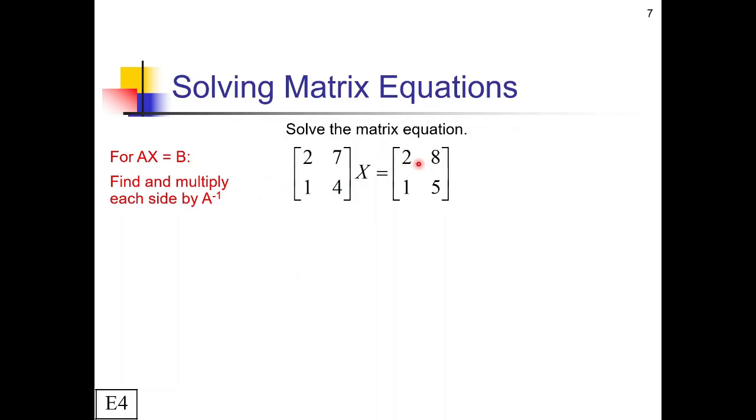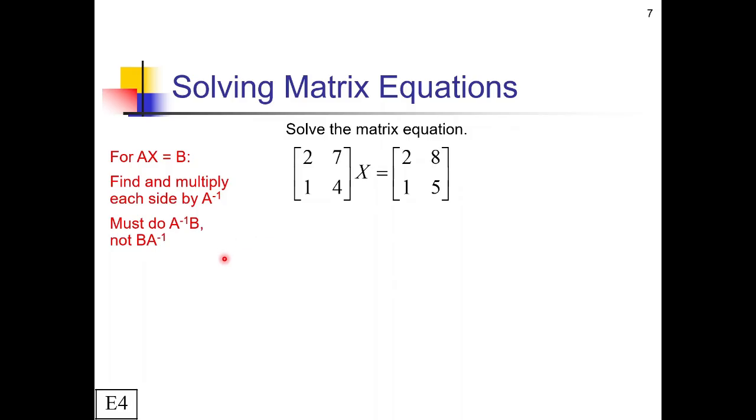It will make a difference on the right side, however, because on the right side you're not multiplying a matrix times its own inverse. So the order is important. So you have to make sure you're doing A inverse times B, not B times A inverse. Those will give you different answers. So make sure that your inverse matrix is to the left of your B matrix on the right side.